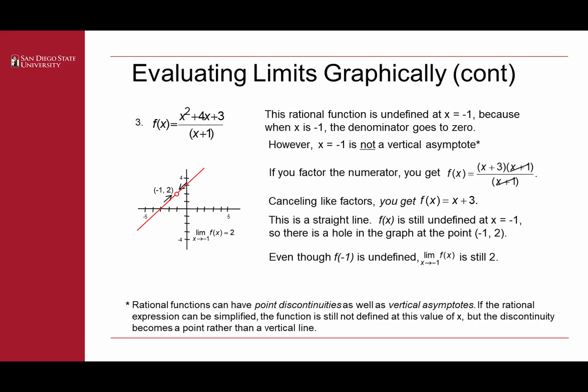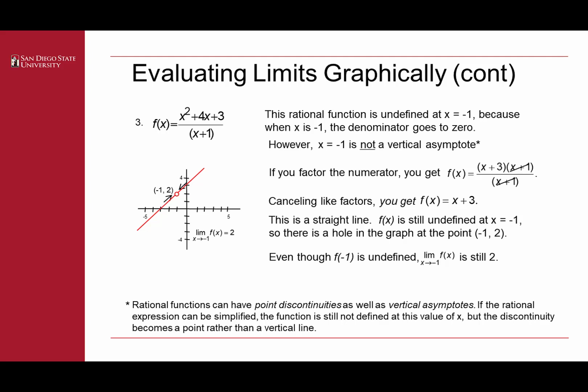So if we factor the numerator, we will get f(x) equals (x plus 3)(x plus 1) over (x plus 1). Here we can get rid of the x plus 1 in both the numerator and the denominator. Cancelling like factors, we get f(x) equals x plus 3. So this is only a straight line, but f(x) is still undefined at x equals -1.